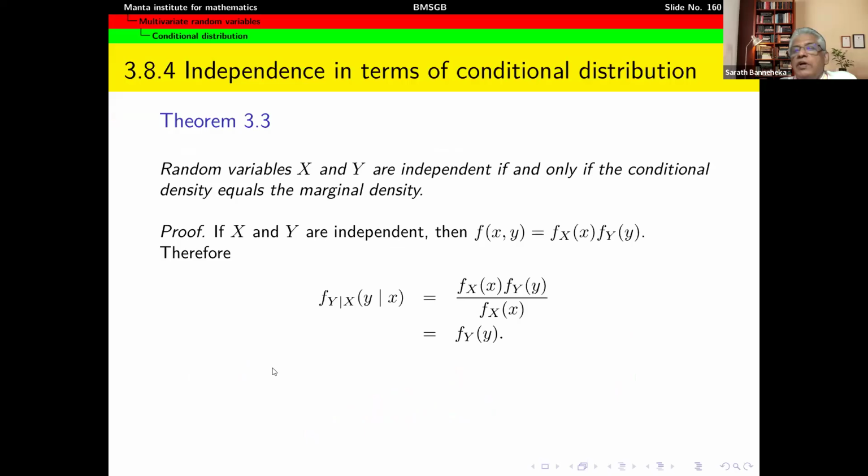Now we can define the independence of two random variables using the conditional distribution. Right.